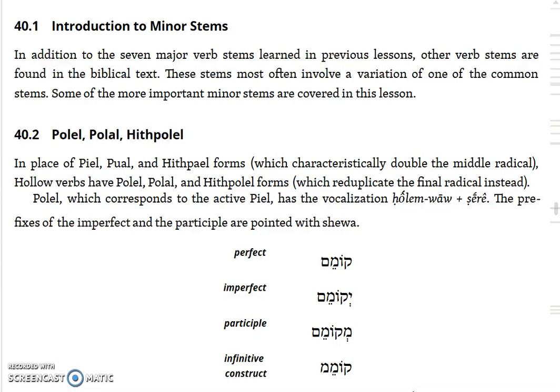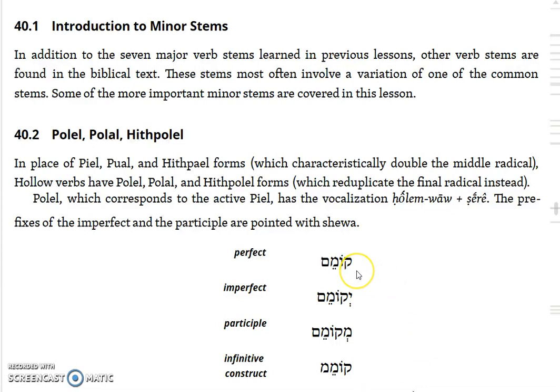For example, you have a form called the polel and polal and hithpolel. And these serve as a functional equivalent of the piel, the pual, and the hithpael.